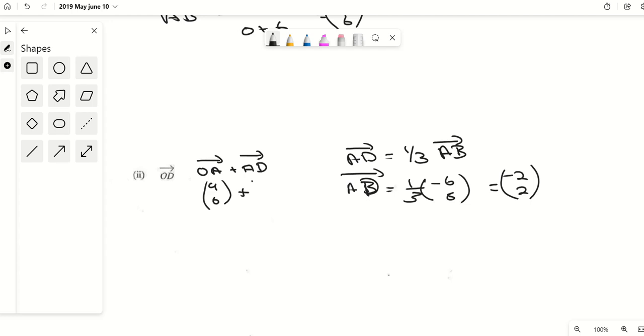So you're going to add (9, 0) plus (-2, 2), which is 9 minus 2 is 7, and 0 plus 2 is 2. So OD would have been (7, 2). And that is your answer for this.